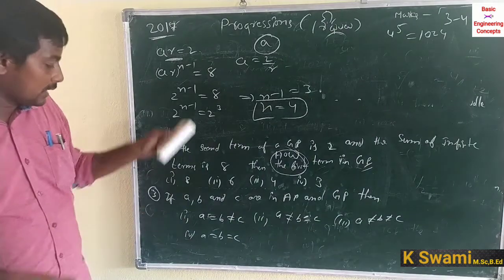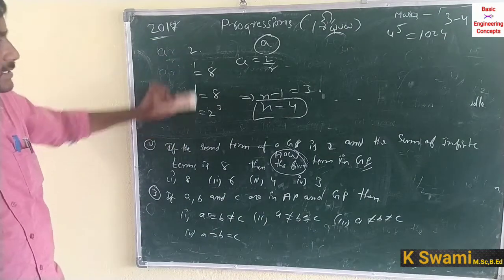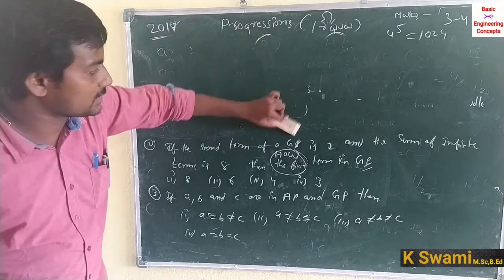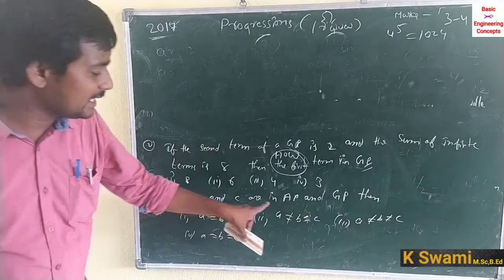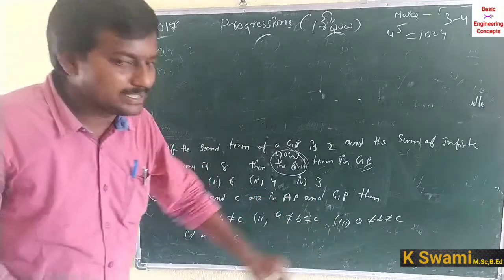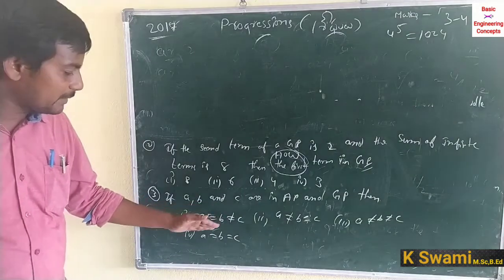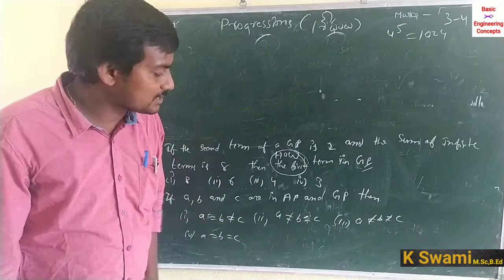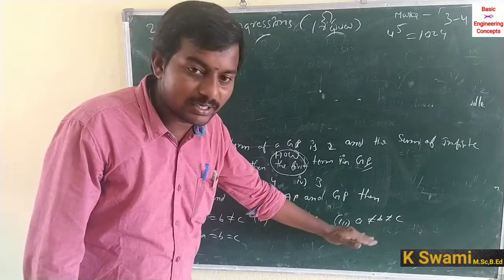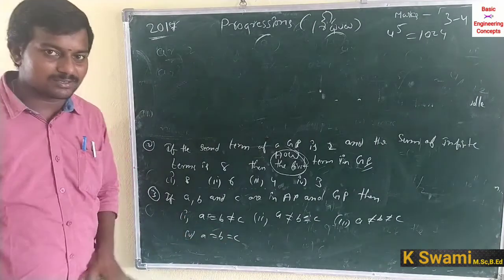Okay, so the third question in 2017 from progressions is: if a, b and c are in AP and GP, then the first option is a is equal to b not equal to c, the second option is a is equal to b is equal to c, the third option is a not equal to b not equal to c, and the fourth option is a is equal to b is equal to c.